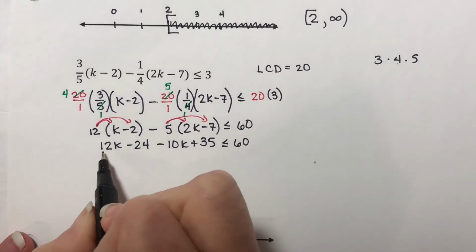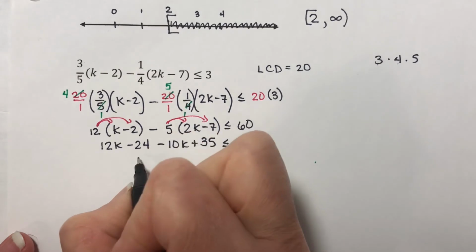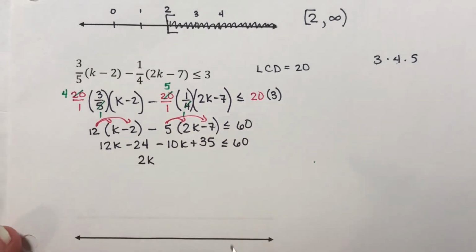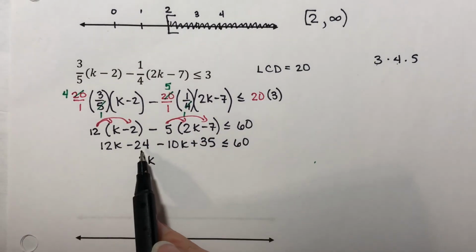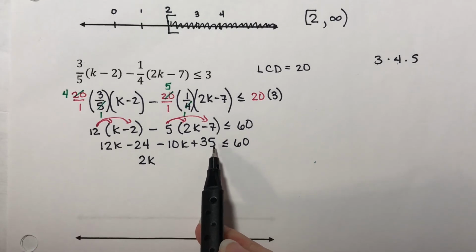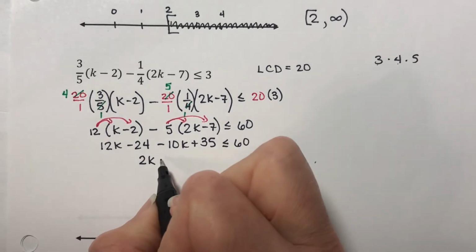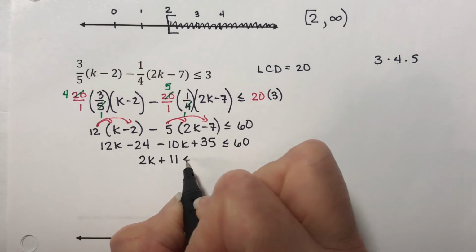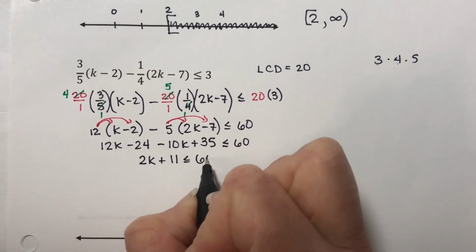Let's combine like terms. 12k minus 10k would be 2k. And then negative 24 plus 35, that would be 11. So plus 11 is less than or equal to 60.